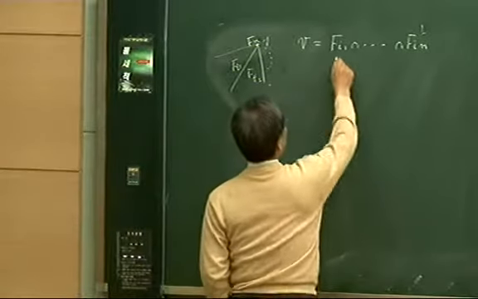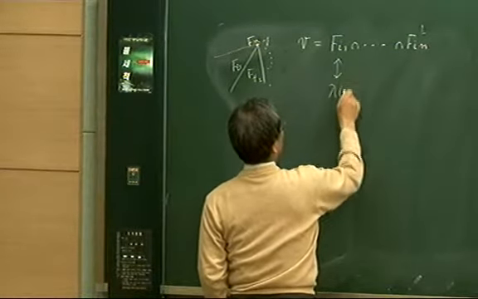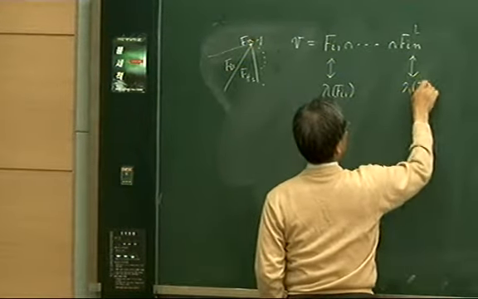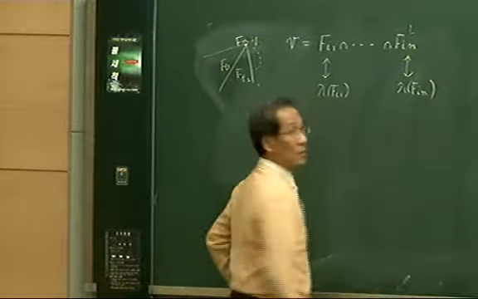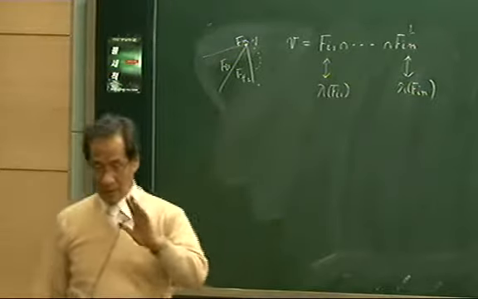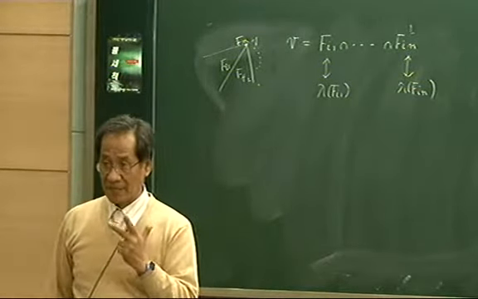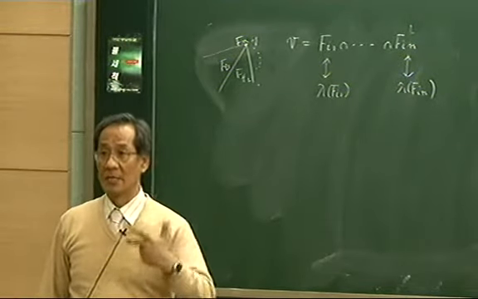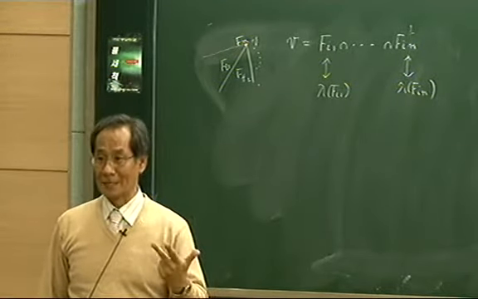And then we have primitive vectors lambda Fi1, through lambda Fin. So in the n-dimensional lattice, you have exactly n vectors, and we want them to generate a basis, an integral basis.